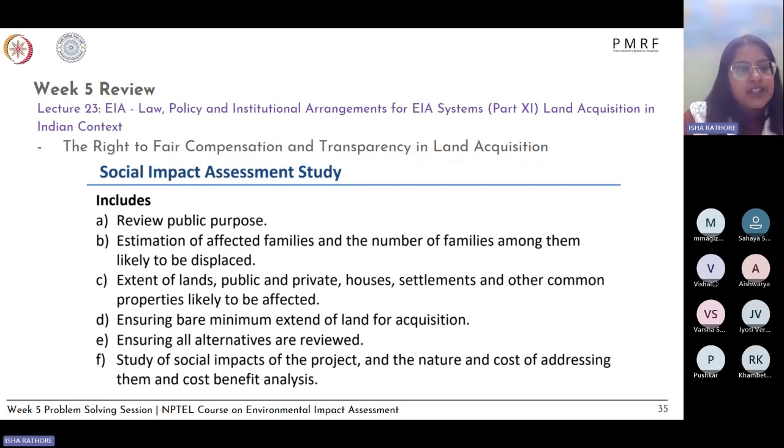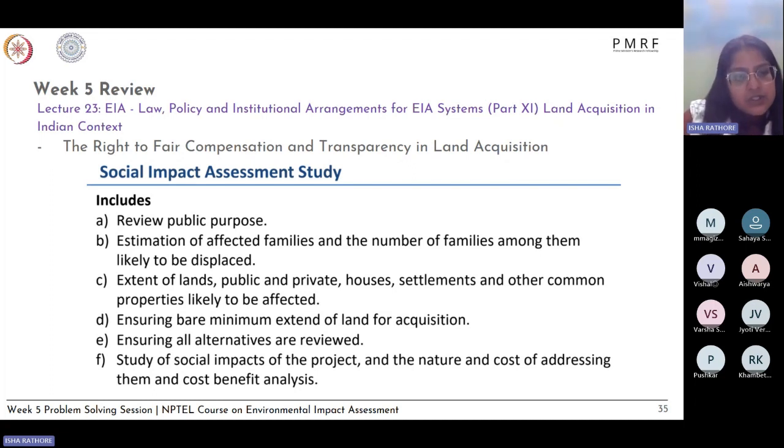They also need to review all alternatives before suggesting that land acquisition is the last resort, and that all of the other strategies which can be used are not viable or not feasible. So they need to ensure that all alternatives are reviewed and the last resort is land acquisition.